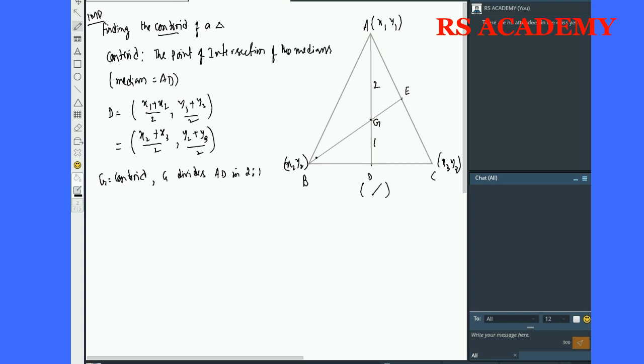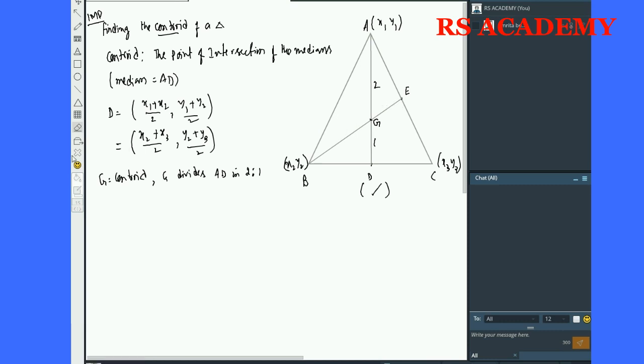For example, G divides BE in the ratio 2:1, not only AD. So that is the property of the centroid: the centroid divides the median in the ratio 2:1.